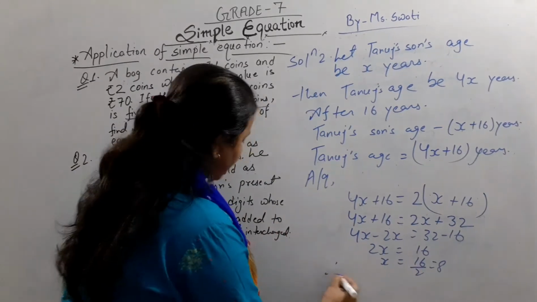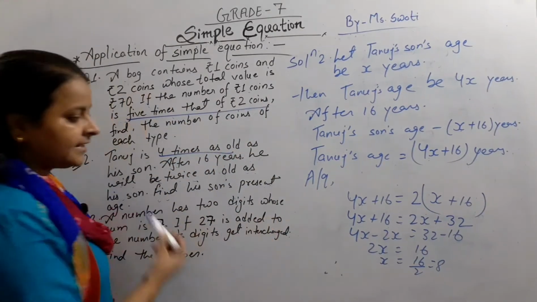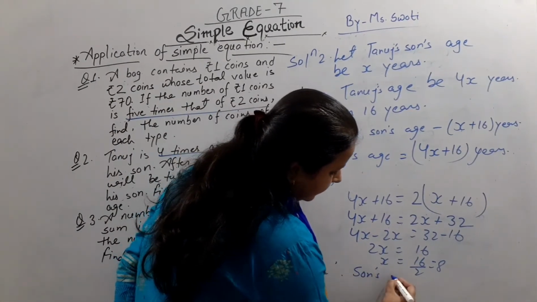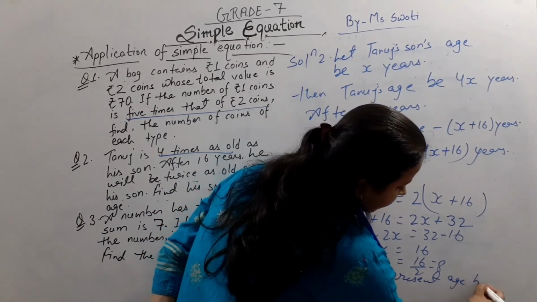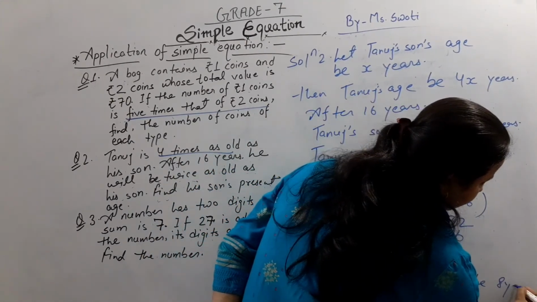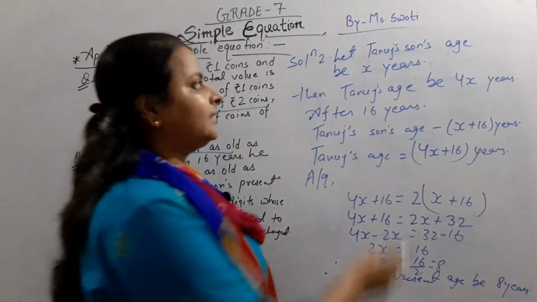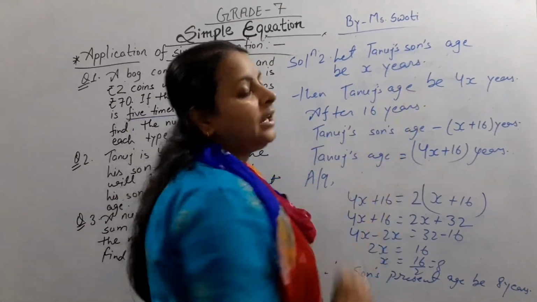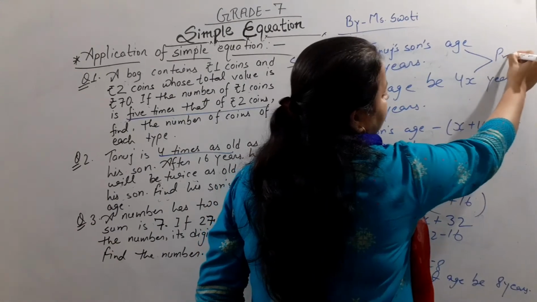So, what do we have to find out? Find his son's present age. Son's present age is 8 years. Okay? What did we do? First we supposed that Tanuj's son's age be x years, so Tanuj's age is 4x. This is the present age.